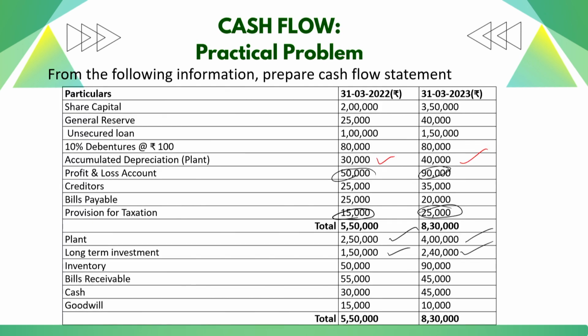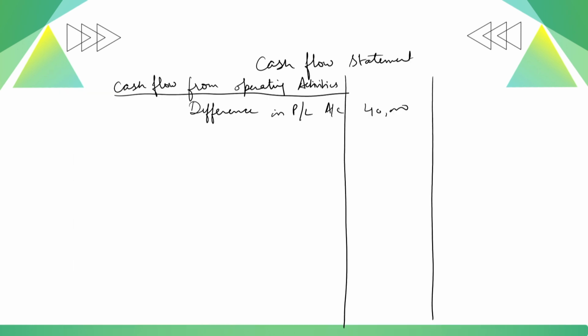The next is, on the liability side, we can see the second heading of general reserve, which was 25,000 in the year 22, and in 23 this figure reached 40,000, showing an increase of 15,000, which means that the profit has been transferred to reserve.